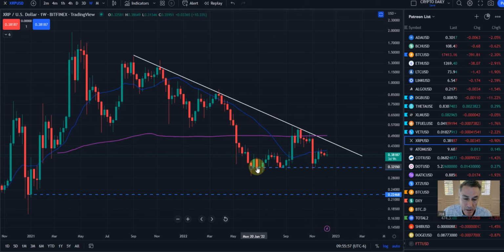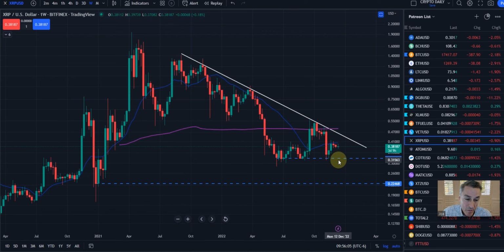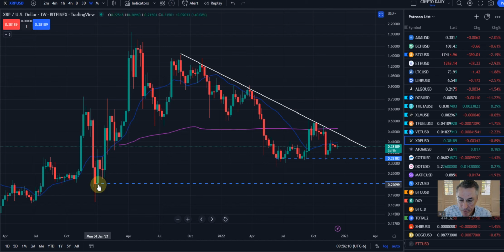A lot of low pivot consolidation down here. Seems like we're holding very strong at the blue dash line. Now, what happens if we push under that? Well, we're going to come down to that next low pivot.